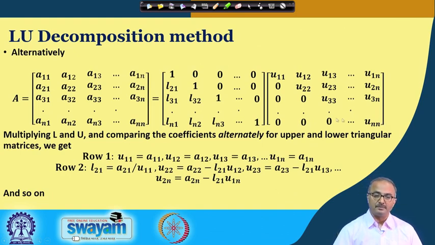Now again you find that by comparing the multiplication of these two matrices with the individual elements, you can find the values of U and L. Okay. So with this, again the same methodology: you first find this LU, then find the value of y, that is Ux, and then from that you find the value of x. Okay.